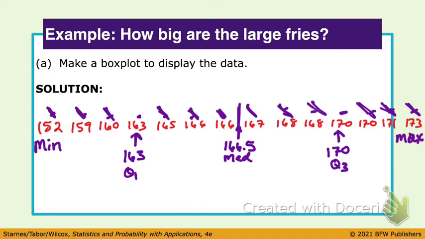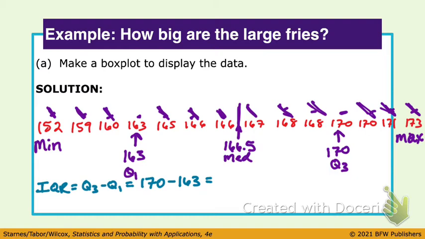Now we're going to identify any outliers that we might have. So we need to find the IQR. IQR is Q3 minus Q1. So I'm going to take Q3 of 170 and subtract the 163. That'll give me the middle 50% range.